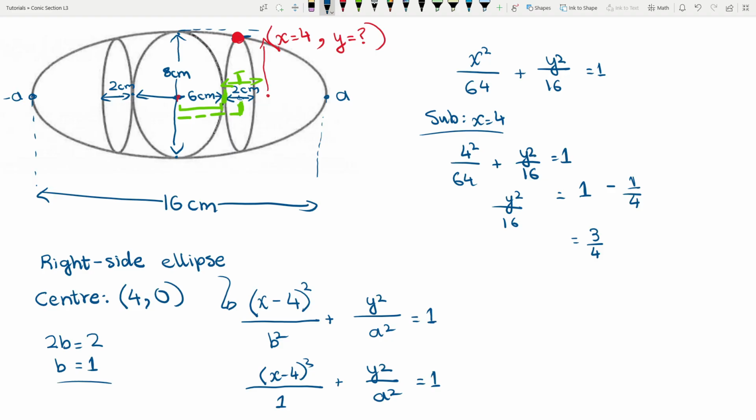And then we bring the 16 to the other side. y squared is left here, and then y is the square root of 12.